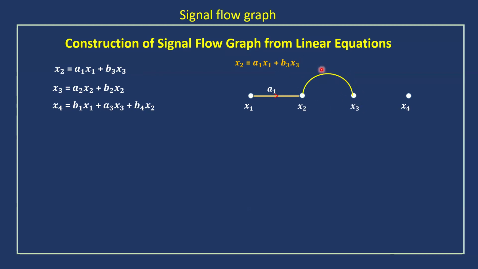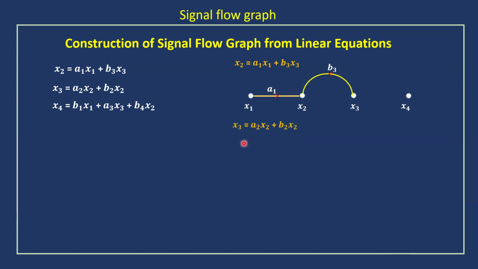So from X3 to X2, B3 is the gain. B3 is the gain incoming to the output X2. So now X2 equal to A1 X1 plus B3 X3. So this is the equivalent signal flow graph for the first equation.